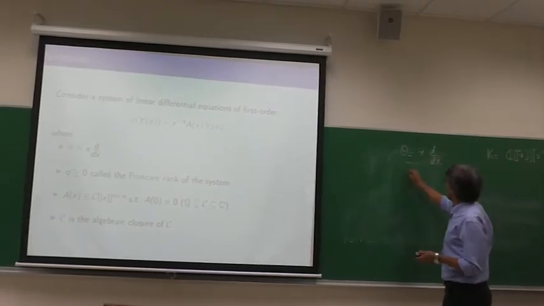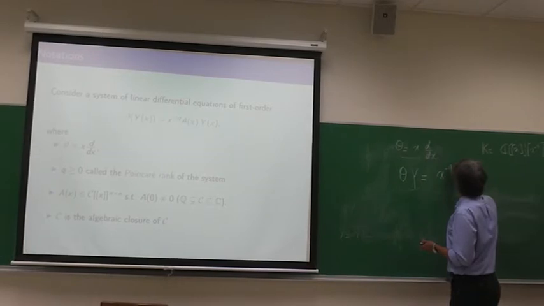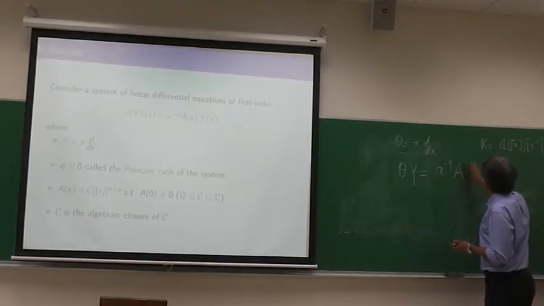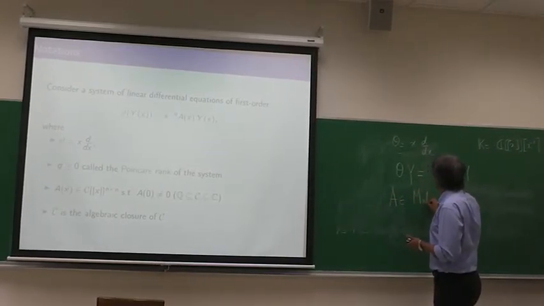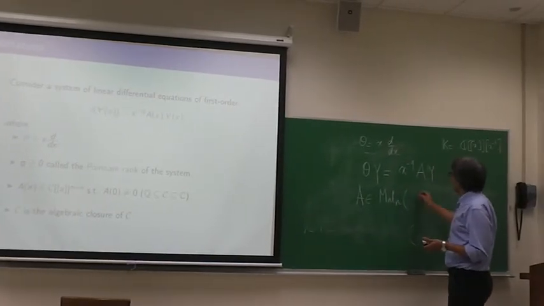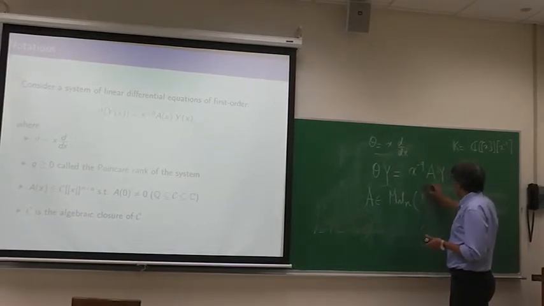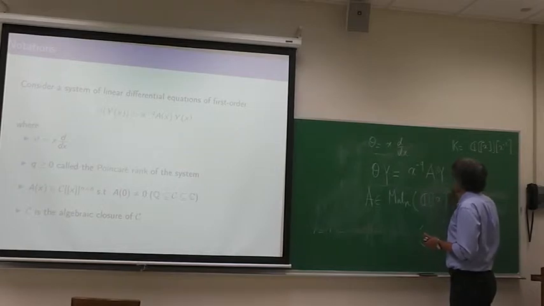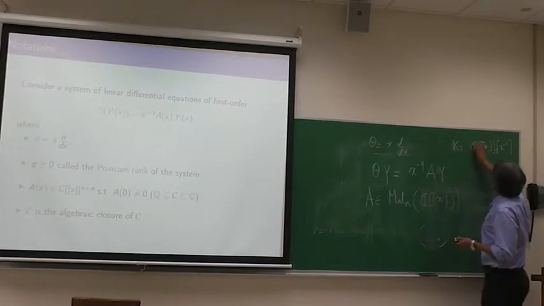I will consider the system written in this form, theta Y equals A Y, where the matrix A is of size n and has coefficients in the ring of formal power series, and this C could be a constant field.